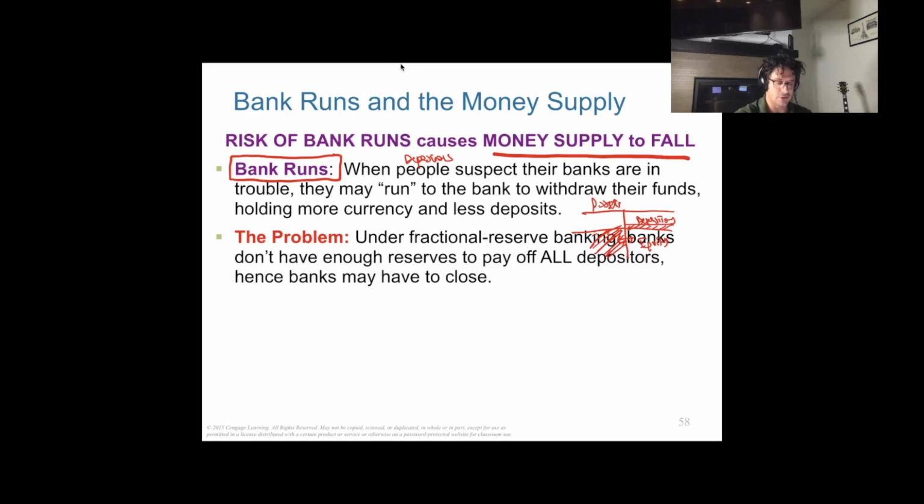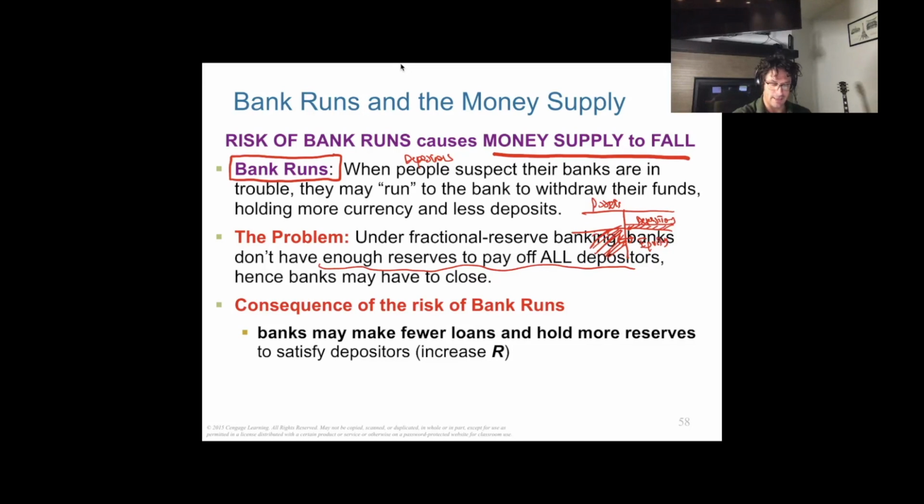So under a fractional reserve banking system, banks don't have enough reserves to pay off all of the depositors. This is always true, okay? And banks may have to close. So the consequence of the risk of bank runs is that banks may make fewer loans.